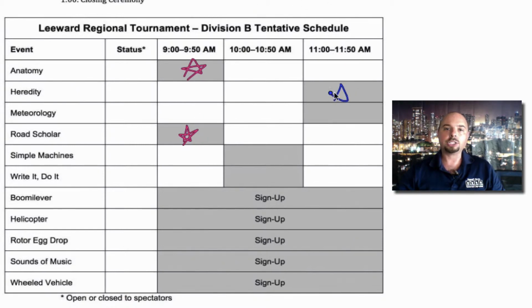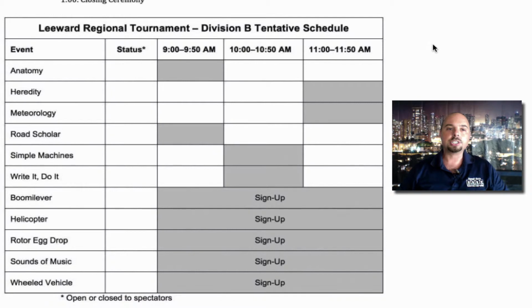Heredity and Meteorology occur at the same time, and Simple Machines and Write It Do It are occurring at the same time. Now, this is important because you want to make sure that you're not scheduling students for 2 events that occur at the same time, because they cannot be in 2 places at the same time, which is why on our side we try to come out with the schedules as early in the year as possible to make organizing your team that much simpler.